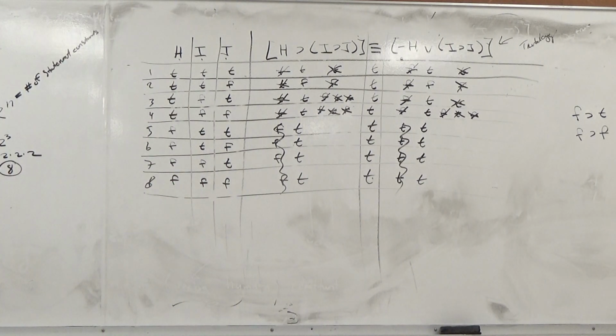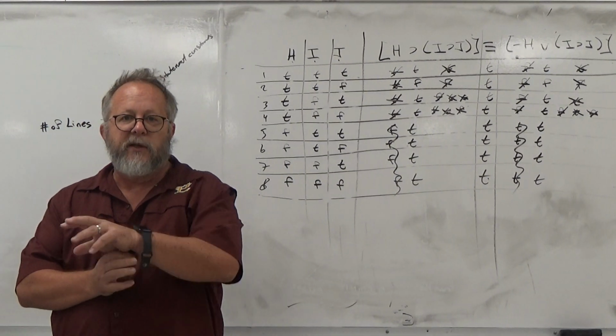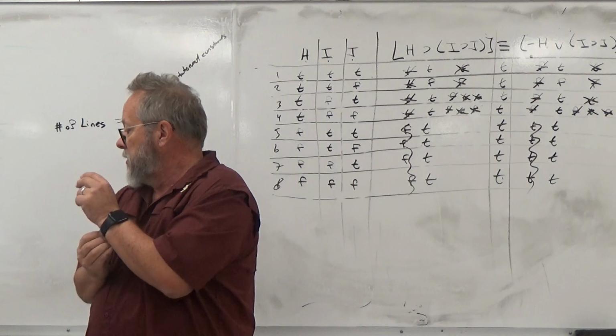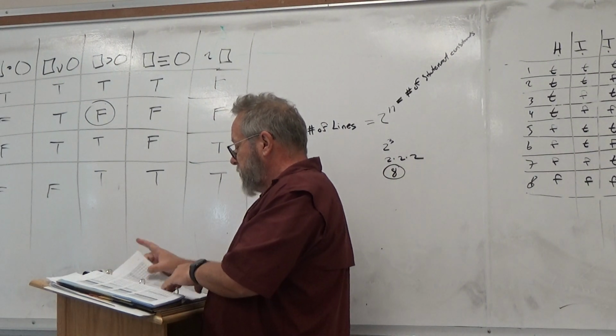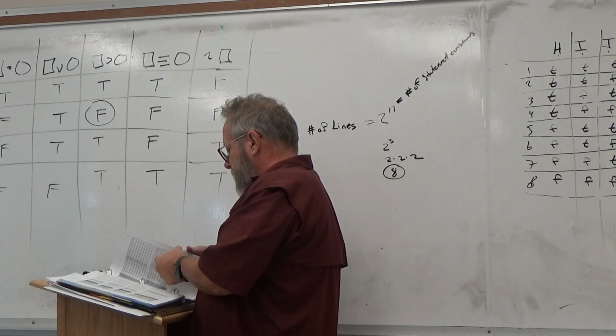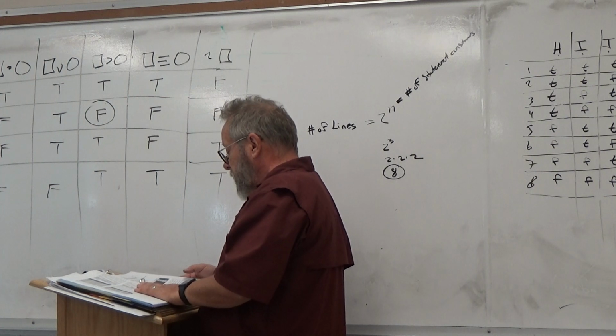And if we had some truths and some falses, we would say that it is contingent. Everybody understand that? Okay. So that means you should be able to do whatever section that is. That was 3.3.